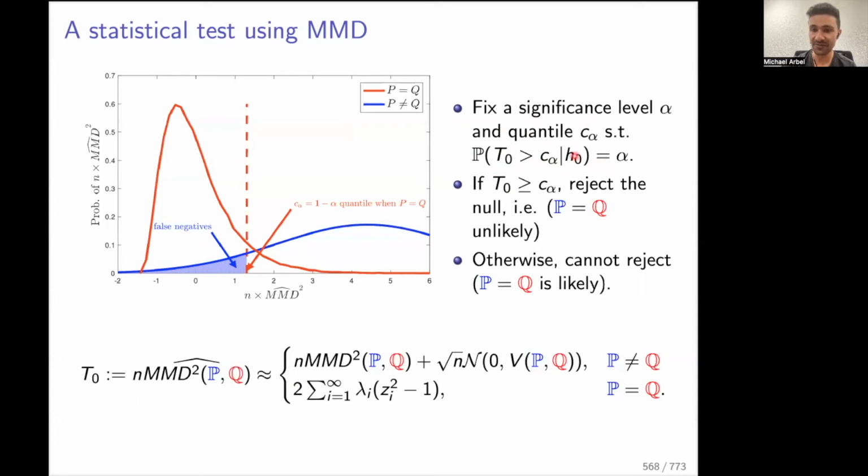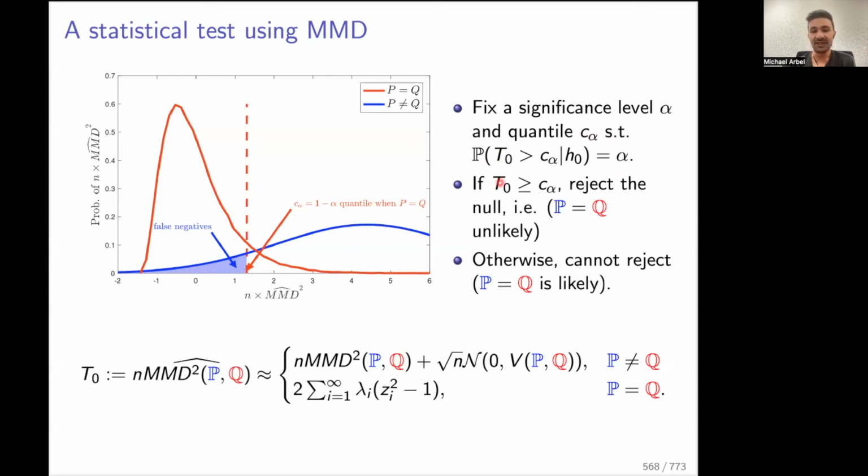So this is how we define the quantile here. Typically, we choose alpha to be a very small number. And this probability corresponds to the case where we are under the null hypothesis, but we observe a very extreme value of the statistic T0.